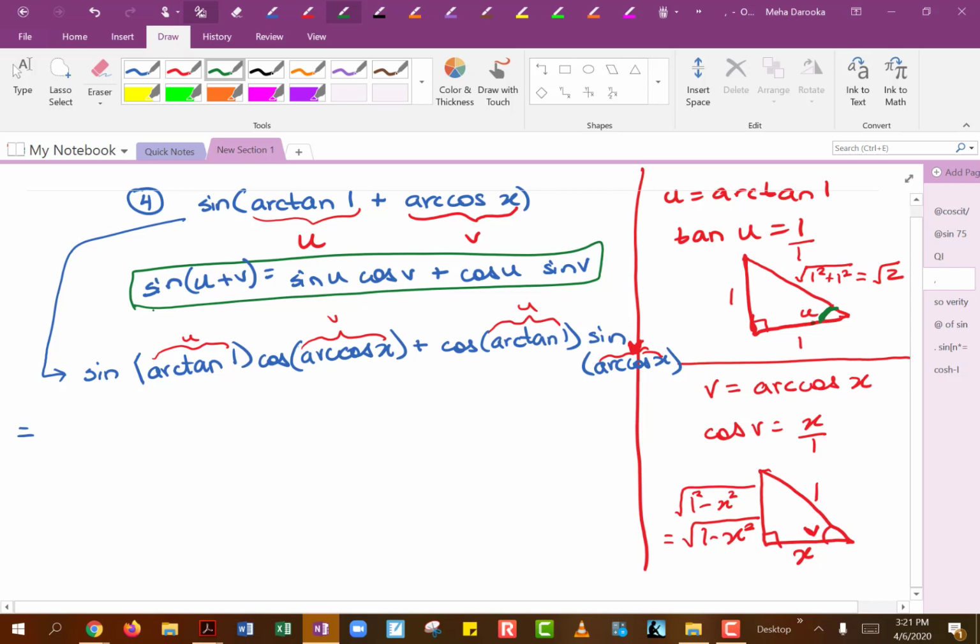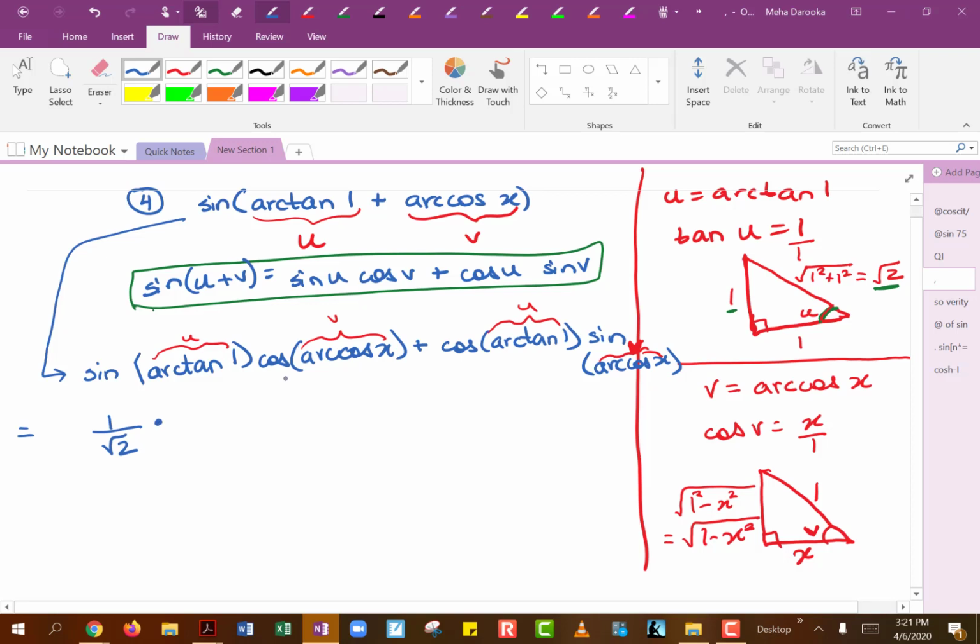Sine would be opposite over hypotenuse. The opposite side from u is 1. The hypotenuse is square root of 2. So sine of u will become 1 divided by square root of 2, and you can rationalize that denominator if you want. And I'll come back to that.